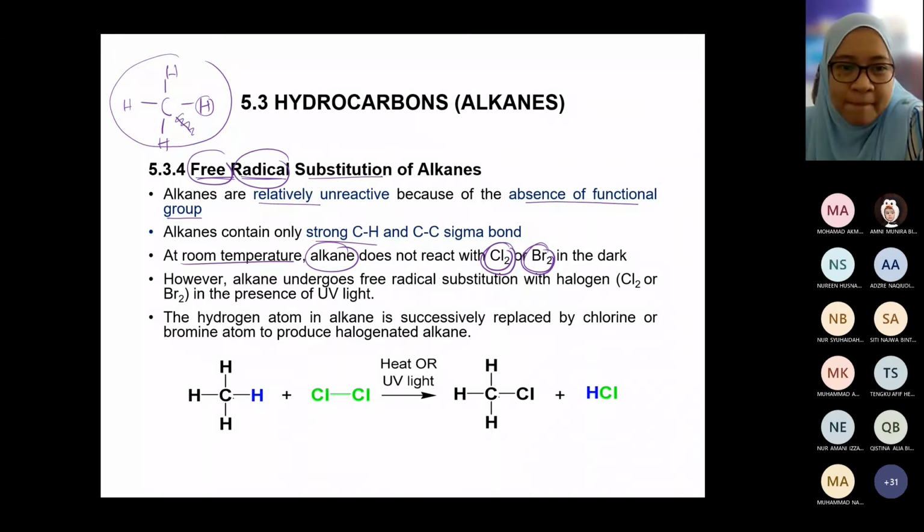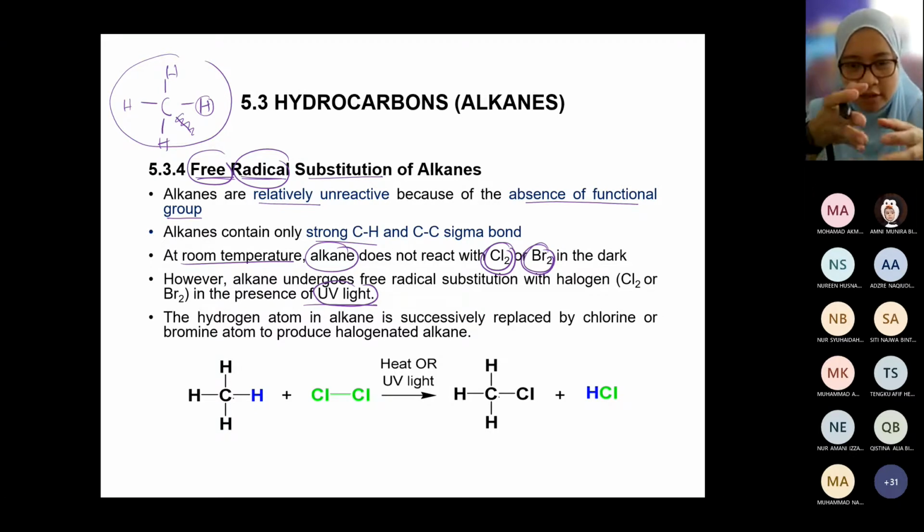Therefore we need support lah ataupun help from an external source, which is the UV light. Alkene undergoes free radical substitution with halogen, Cl2 or Br2, in the presence of UV light. Why do we need UV light? Because the purpose of having this UV light is to break the bond between the chlorine dengan chlorine tu.